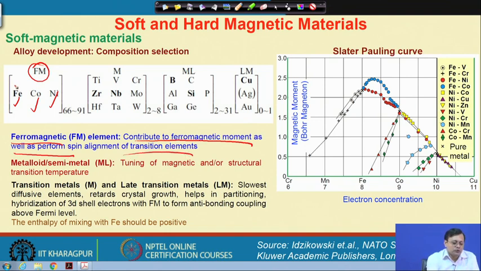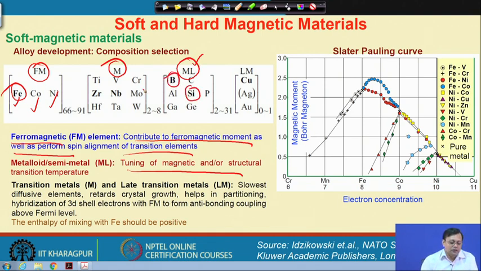So, we can choose iron, which is one of the very important and cheap elements, and then we have some other metal or metalloid systems. Okay. And here is some metalloid system which tunes the magnetic and structural transition temperature. So, in case of metalloid system, we can choose, let us say, boron or silicon, these are very important.